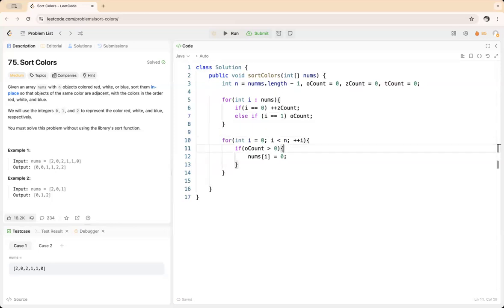And then if Z count is greater than 0, then we'll take this, and then we will decrement like this.